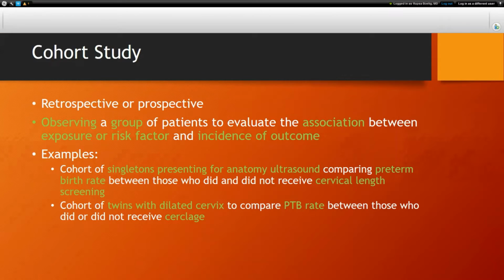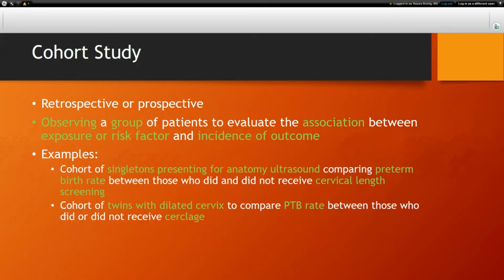So a cohort study, this is what many people have already done, often in residency. This can be retrospective or prospective. The key thing about a cohort study is that it's an observational study. You're looking at a group of patients with a specific selection criteria that defines the cohort. And with a cohort study, you're looking at an association.